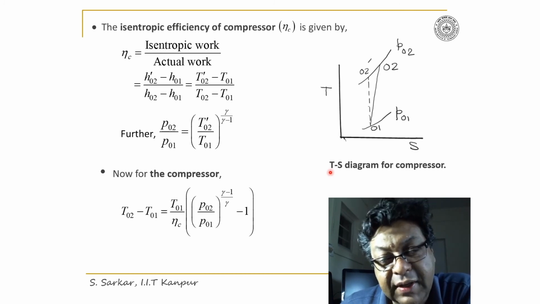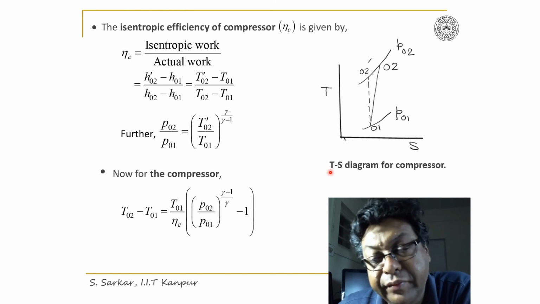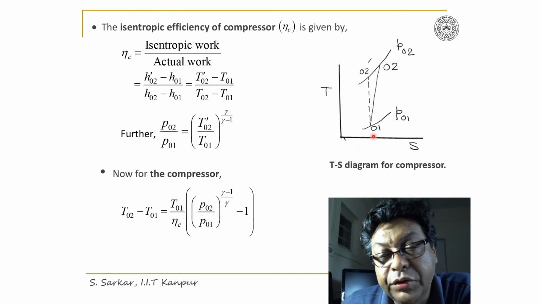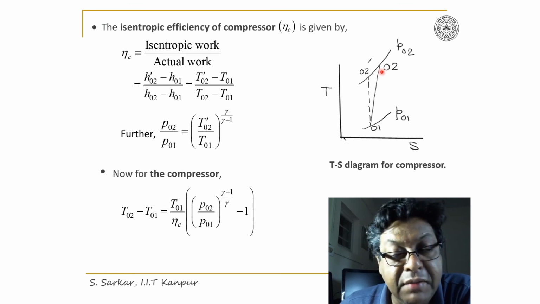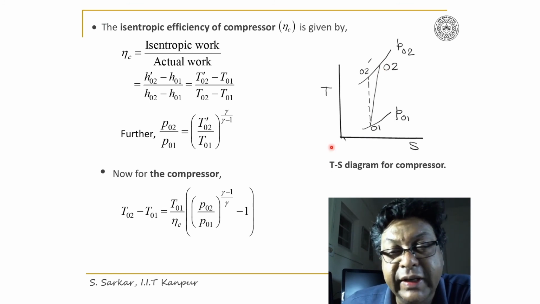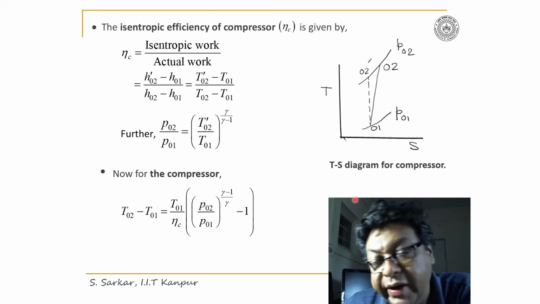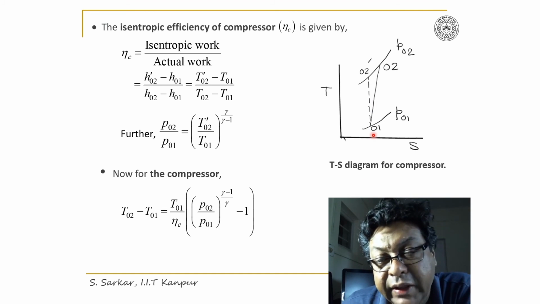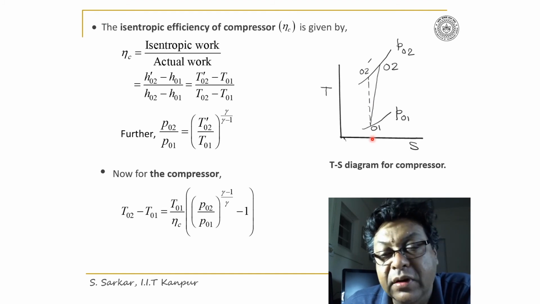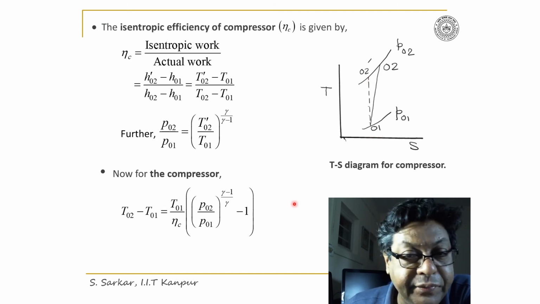Flow through the compressor has been illustrated in TS diagram, where 01 to 02 is the actual compression, which is indicated by the firm line where entropy has increased, and the corresponding isentropic compression is represented by 01 to 02 dash.